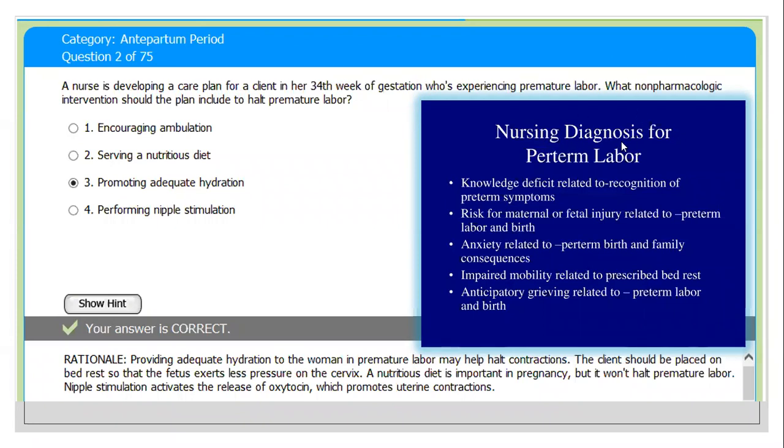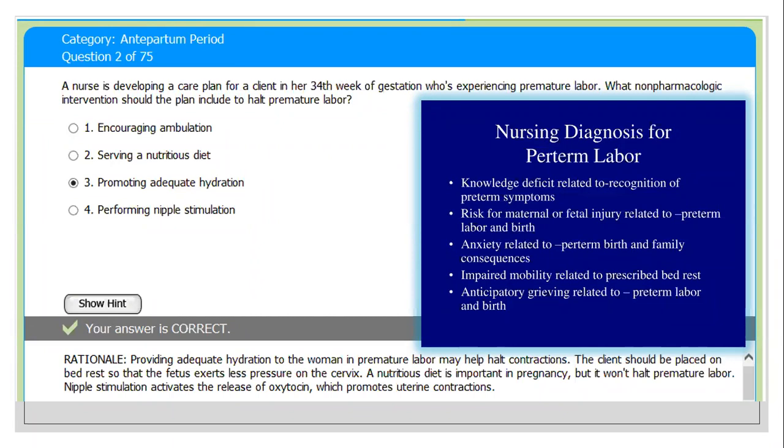What are the nursing diagnoses and care for preterm labor? Number one, knowledge deficit related to recognizing preterm labor. Number two, risk for maternal and fetal injury related to preterm labor, anxiety related to preterm birth and family consequences, impaired mobility related to prescribed bed rest, and also anticipatory grieving related to preterm labor and birth.